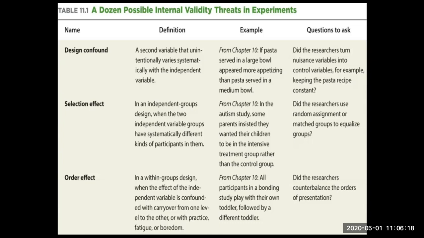Selection effects. In a between group or independent groups design, when the two groups have systematically different kinds of participants in them. Let's say that we go back to the studying and not studying example, and I chose everybody on the right side of the room, or my right, your left, when we were in class, if you can remember back that far.